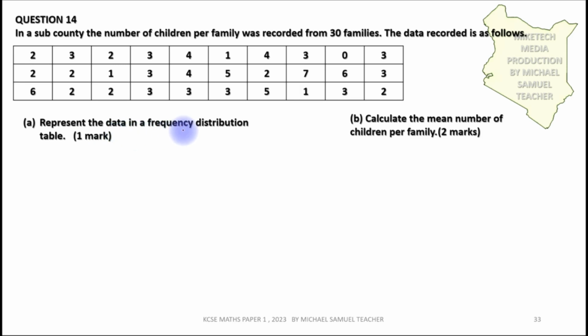So, represent the data in a frequency distribution table. So we need to have the number of children, then the tally, then the frequency, and since this part requires us to find the mean number of the children.